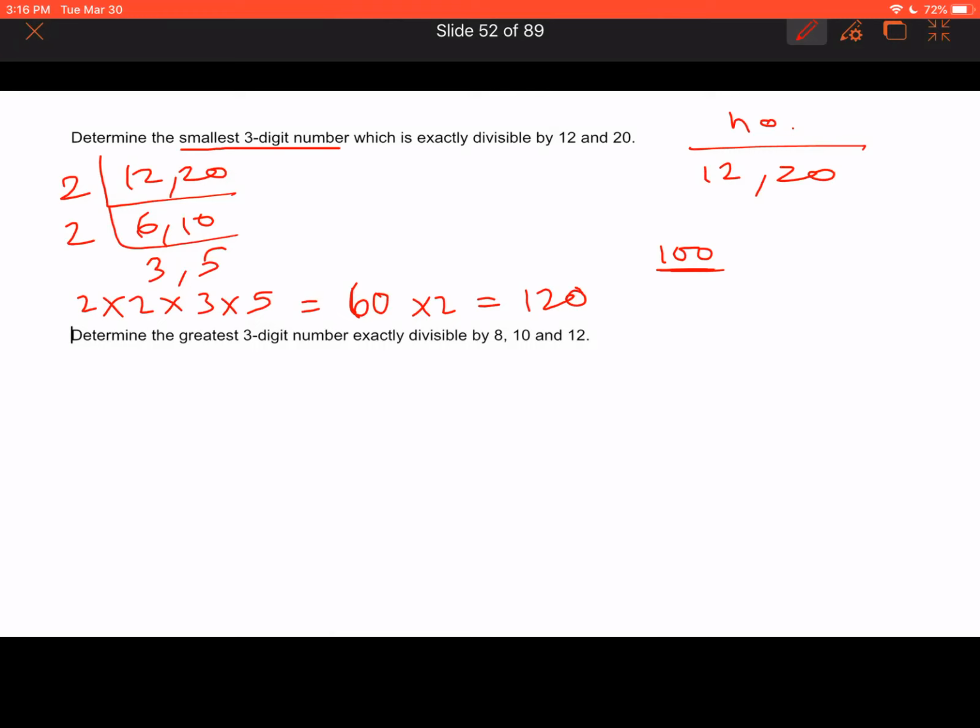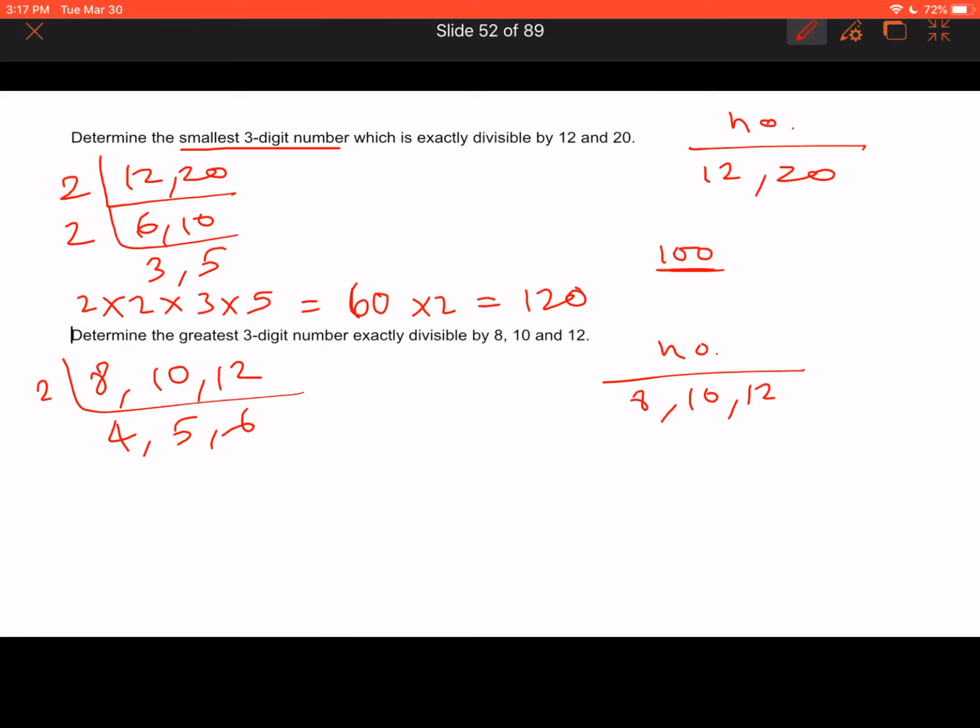Okay, so next question: determine the greatest three-digit number exactly divisible by 8, 10 and 12. The format exactly tells us it is a least common multiple associated problem. So we find the LCM for these three numbers.